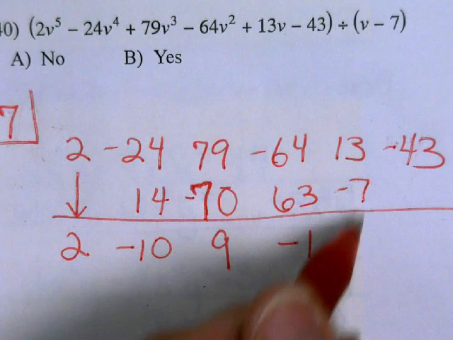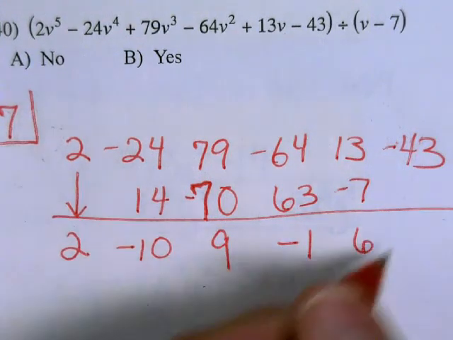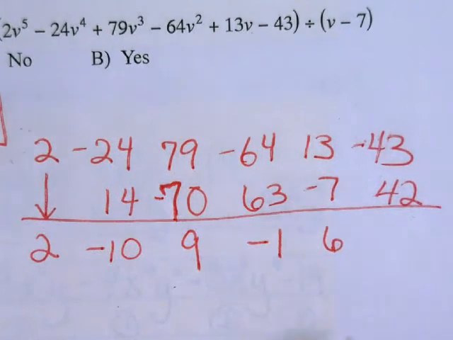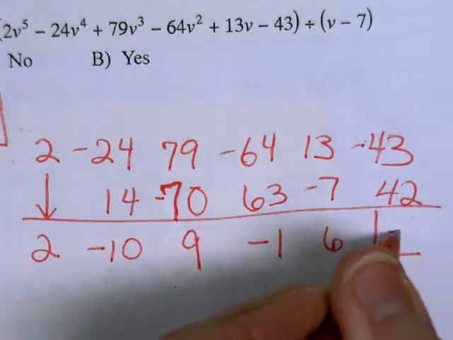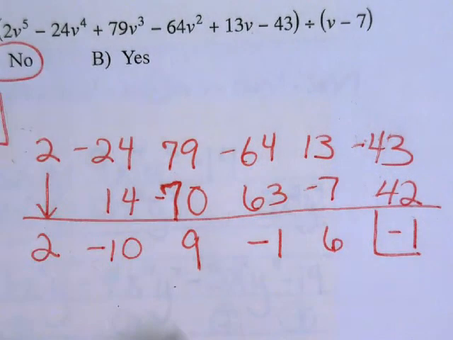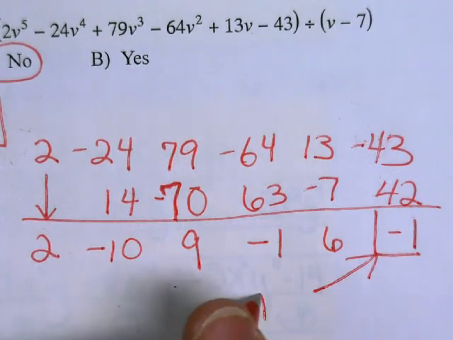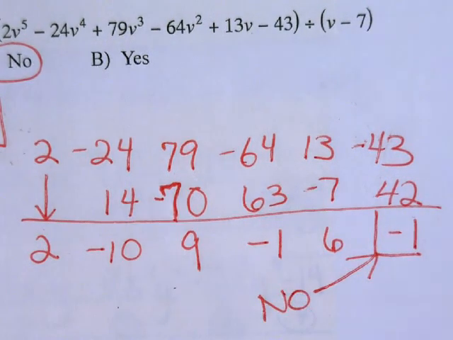Yay, negative 1. 7 times a negative 1 is a negative 7, 6. 7 times 6 is 42. Oh, close, but it's a no. Because the remainder's not 0. So it is not a factor of that polynomial. I don't know what it is, but it's not.